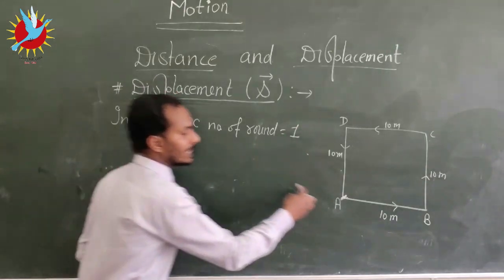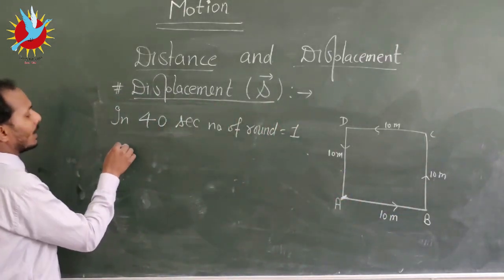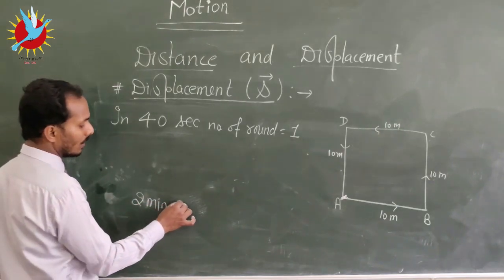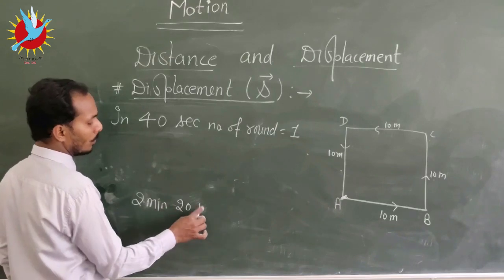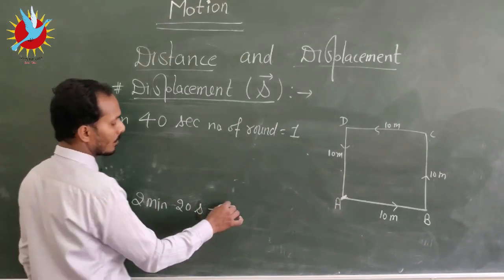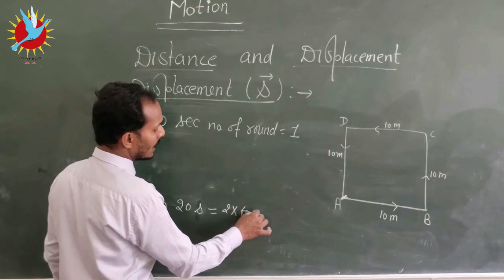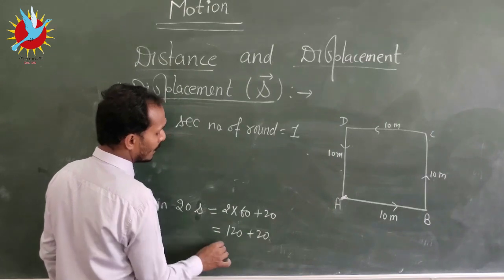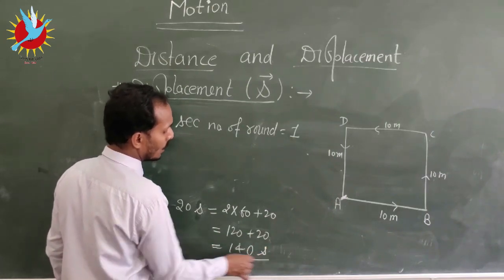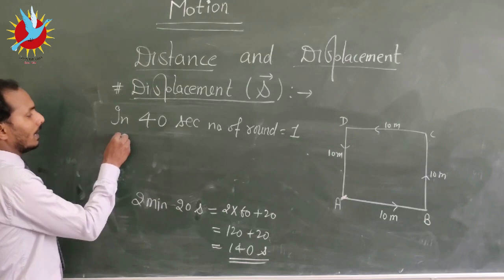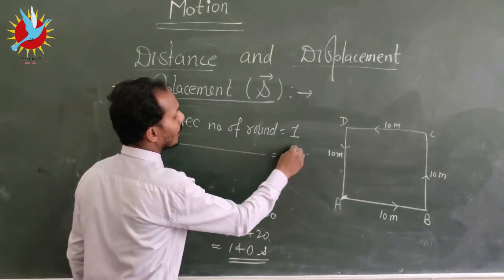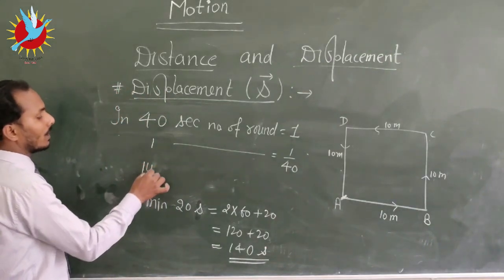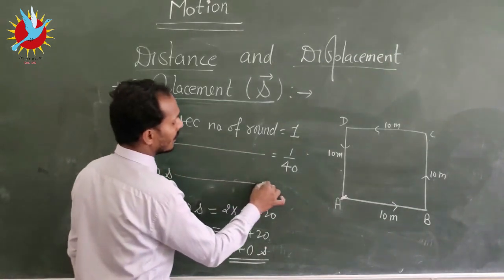So the total time is 2 minutes 20 seconds, which means 2 into 60 plus 20, that is 120 plus 20, which is 140 seconds. In 1 second he covers 1/40 round, and in 140 seconds, how many rounds does he cover?